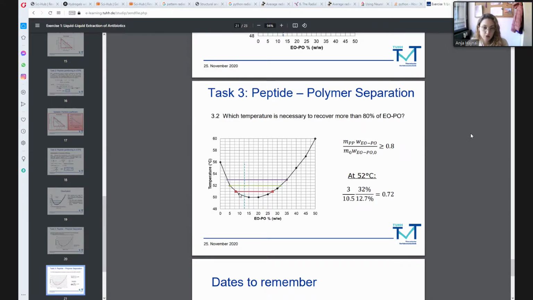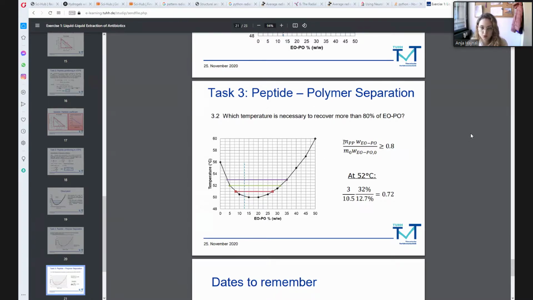And we are using the two-phase diagram for that. Now, this is only done in the exercise so that you practice calculations of this type. But of course, in the exam, we're probably not going to give you such an iterative way to get to the solution. But since we don't know the temperature here, we have to try several different temperatures.